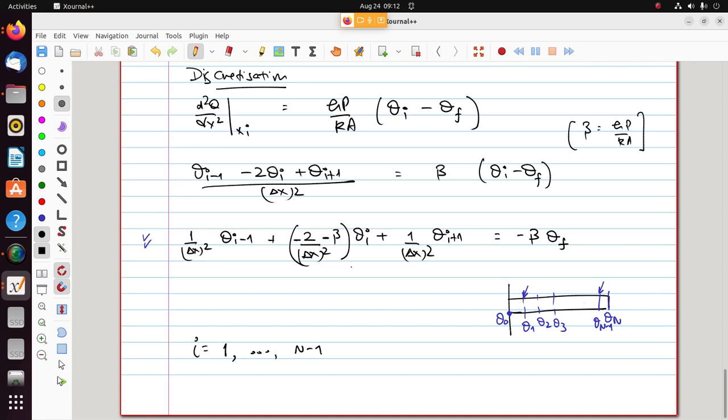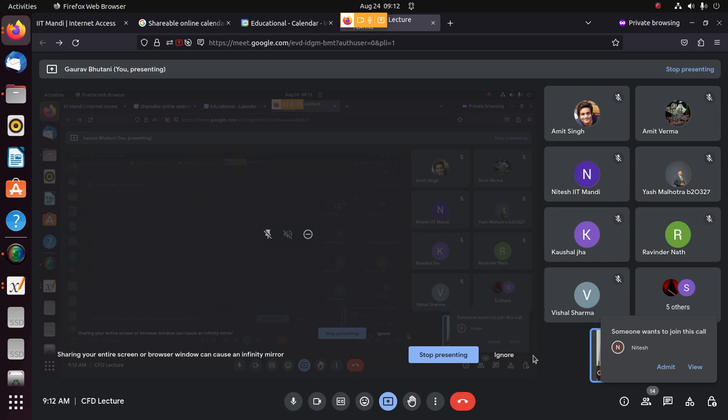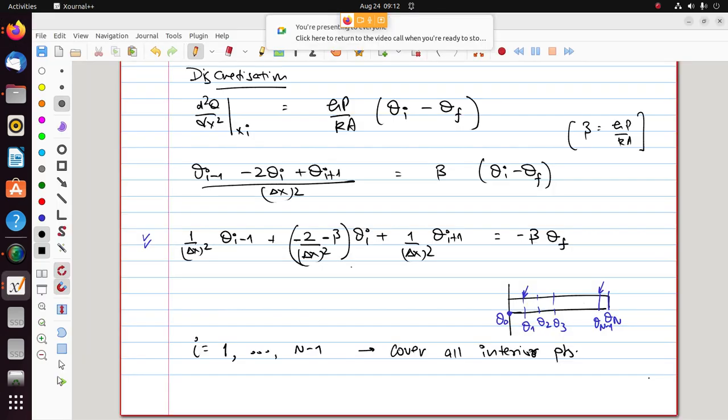That allows us to cover all the interior points, and then we have two boundary points, theta naught and theta n, for which we will be using the boundary conditions.